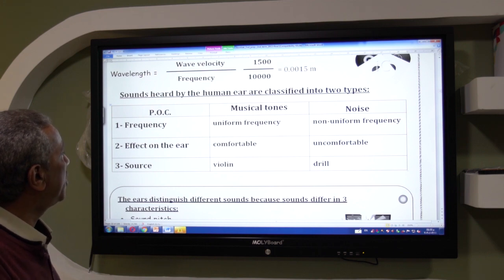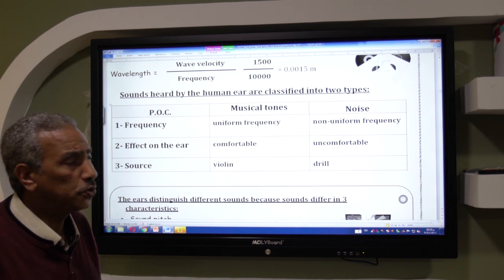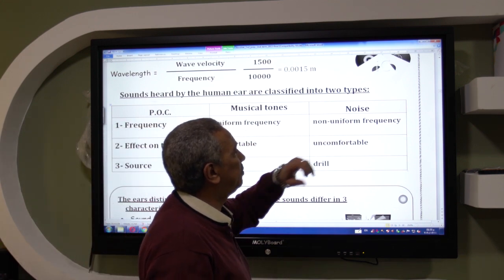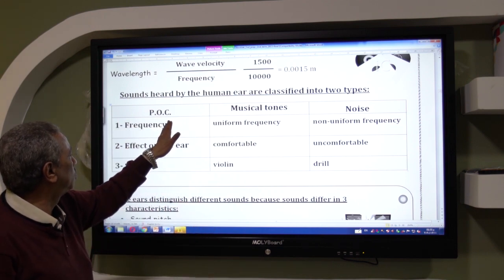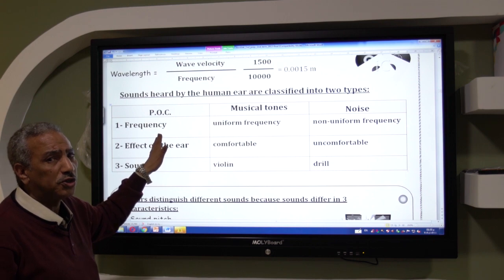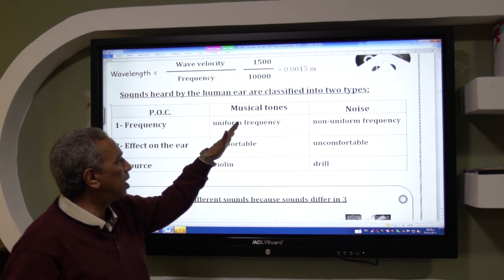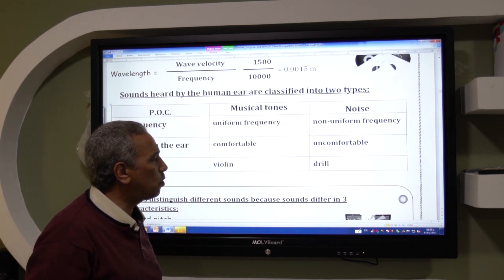Sound heard by the human ear can be classified into two different types: musical tones and noises. They are different from each other according to the frequency, according to the effect on the ear, and according to the source. If we are talking about the musical tone, it has a uniform frequency.